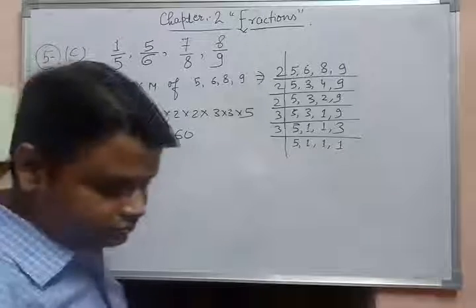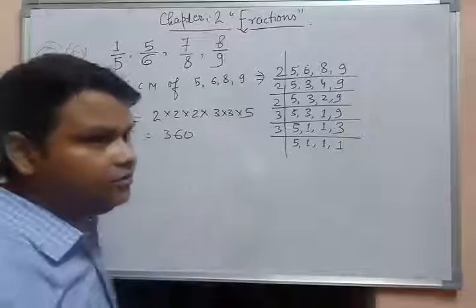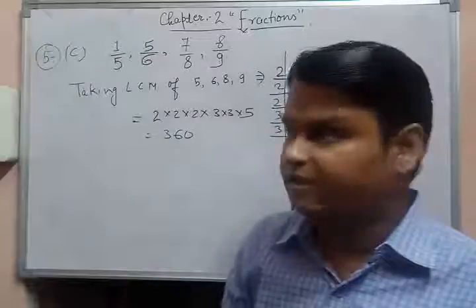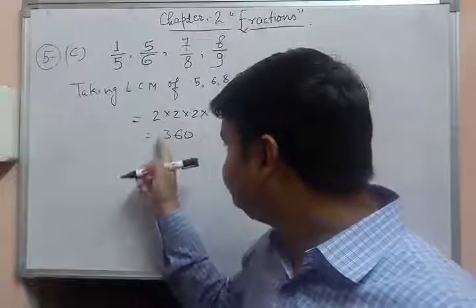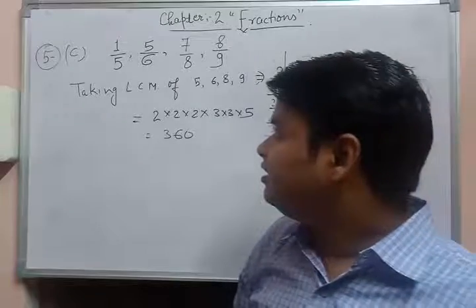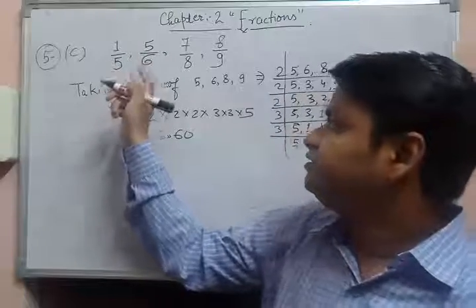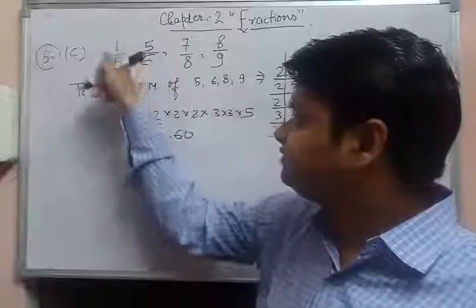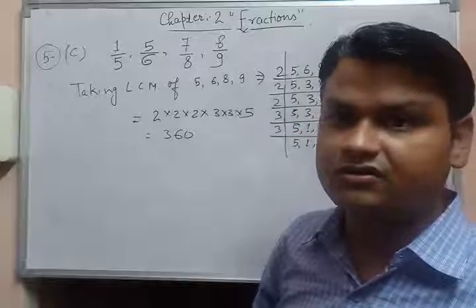This is the step you have to apply, and you apply it by making equivalent fractions. It means you have to change the denominator to 360, that is, change each fraction into an equivalent fraction whose denominator is 360.